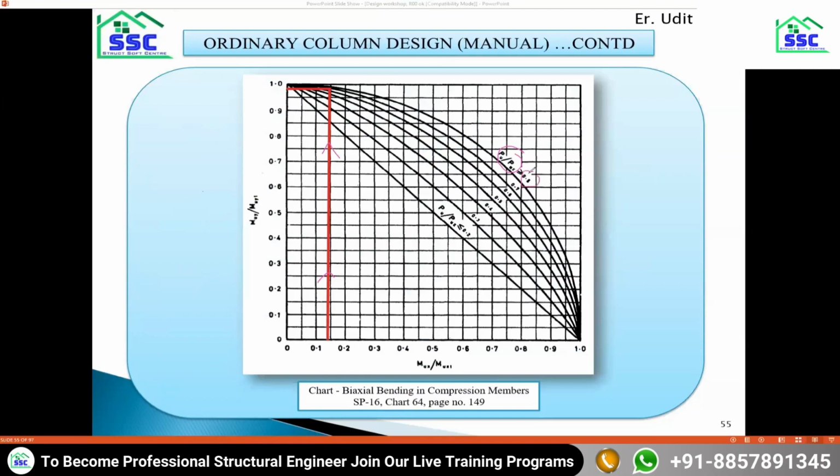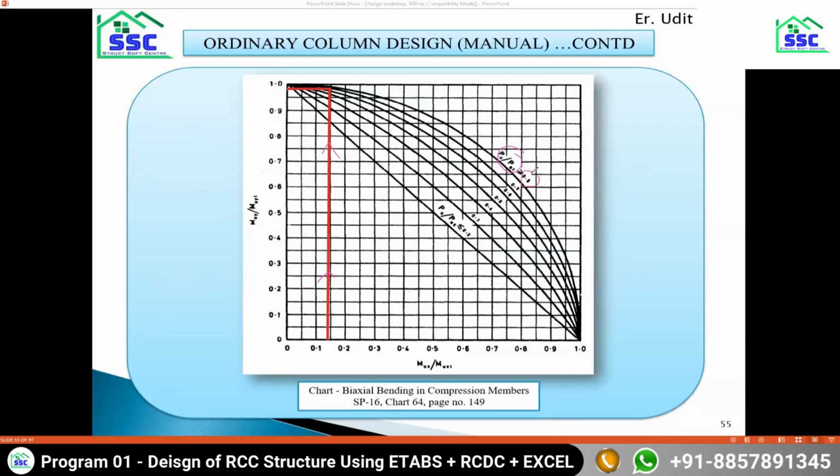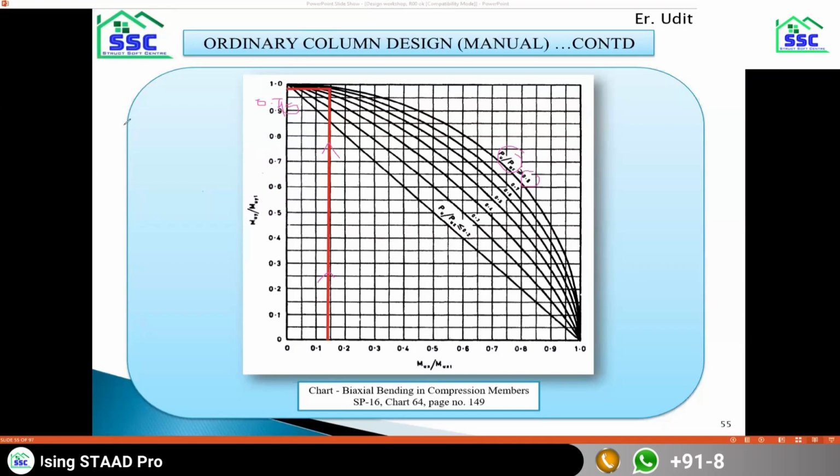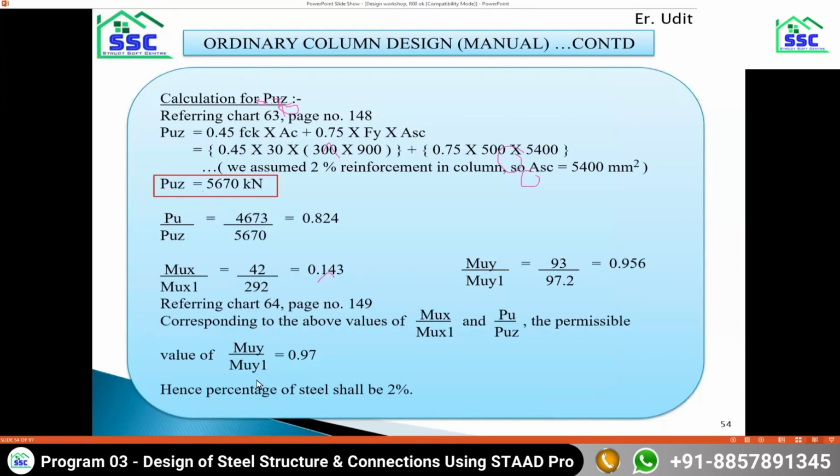The maximum value itself is 0.8. So it says that for Pu by Puz greater than or equal to 0.8, you have to use the last chart. So if you go to the last value and connect it to here, you end up with a value of Muy by Muy1 somewhere between 0.95 and 1. If you do the exact calculation, you get the permissible value of Muy by Muy1 as 0.97.